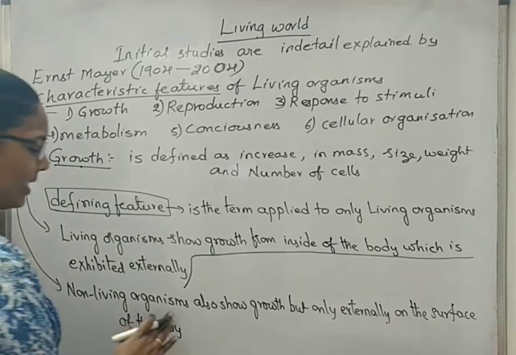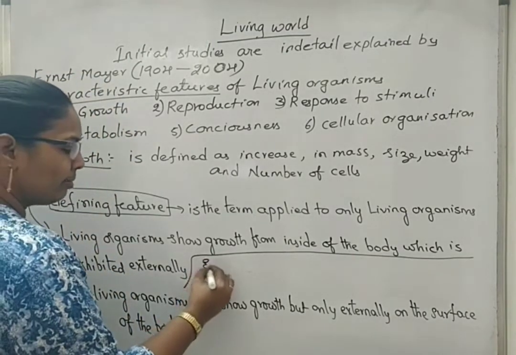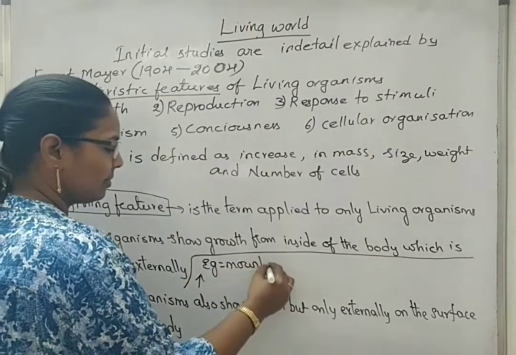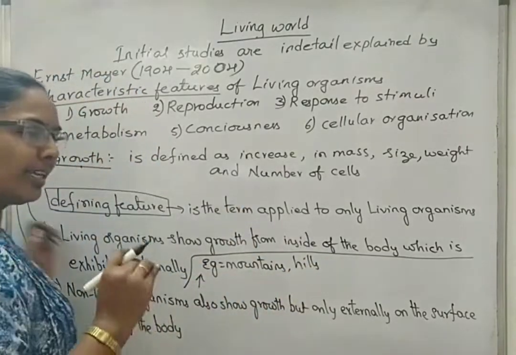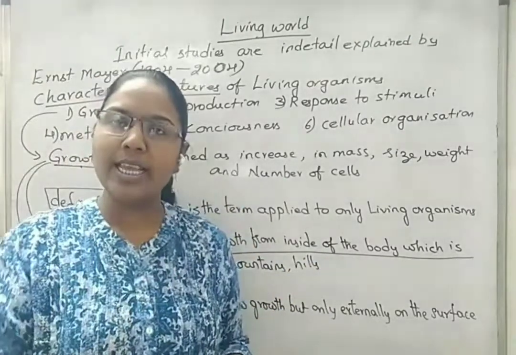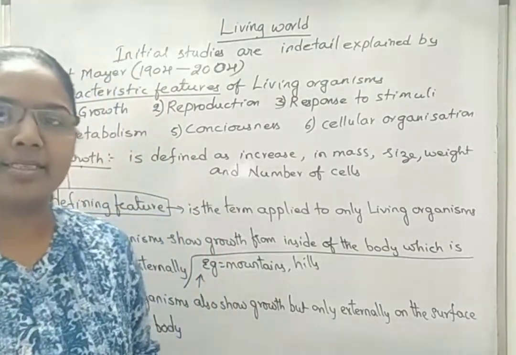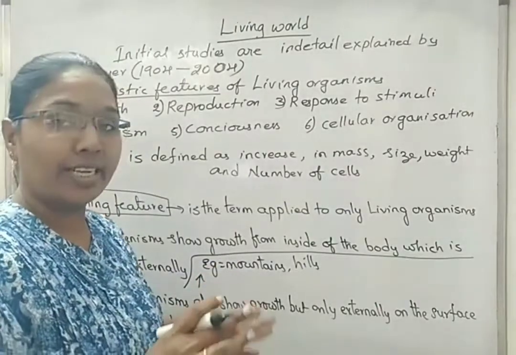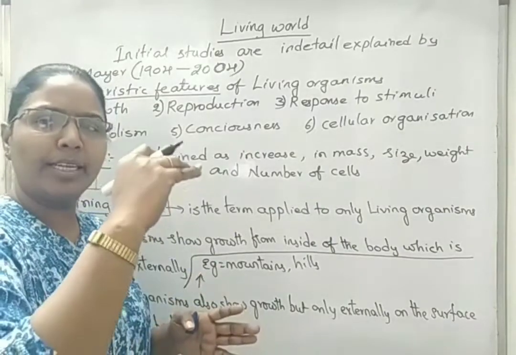If we take an example of non-living organisms that show growth, an example can be a mountain. It can also be hills. We see there is more and more soil accumulation on the rocks, mud accumulation on the rocks and the hills. During the summer season, it gets dried off, and we see more and more soil layers accumulated on the hills.